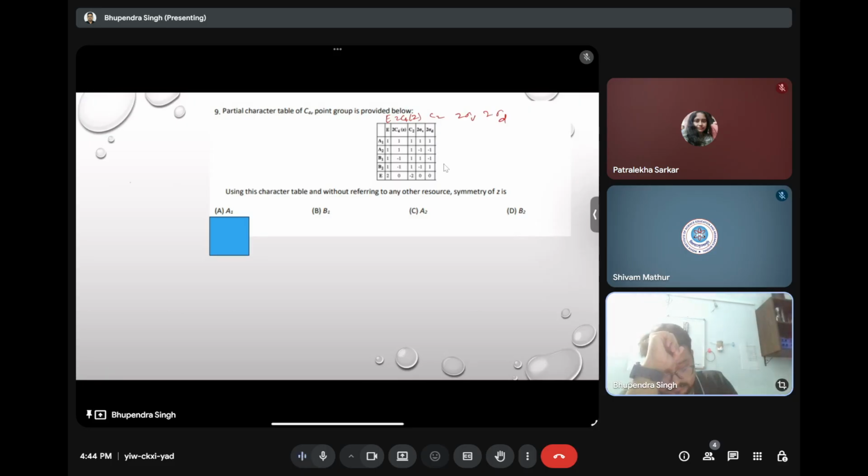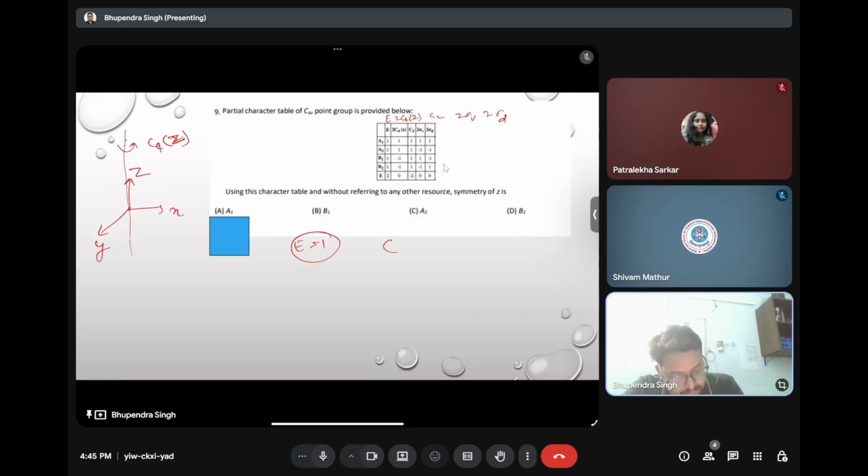So let's say these are your axes, X, Y and Z, right? And your principal axis is along the Z direction, C4 z. So E will give you 1, nothing will change.